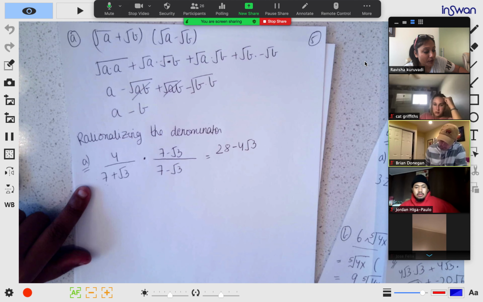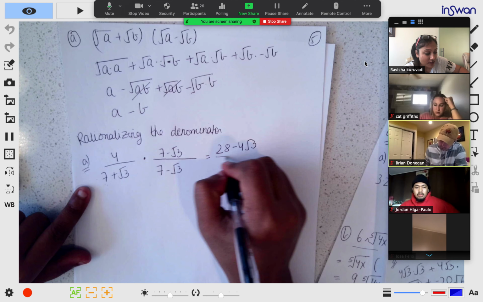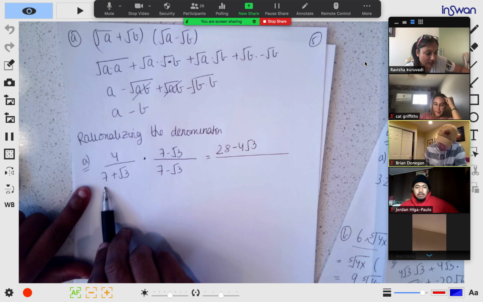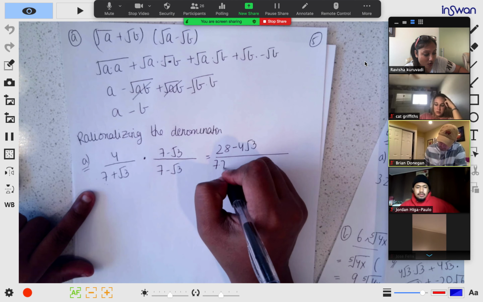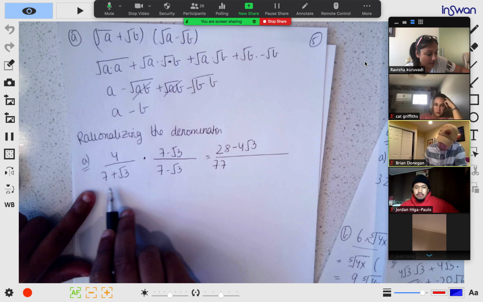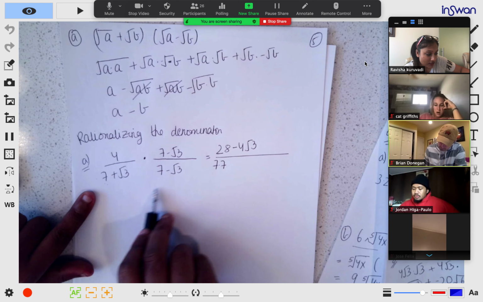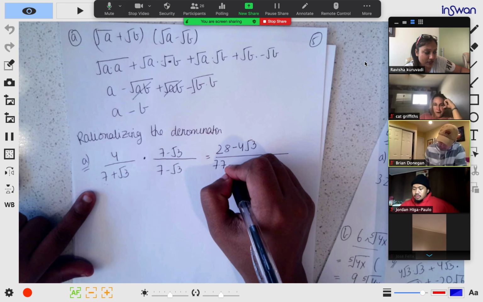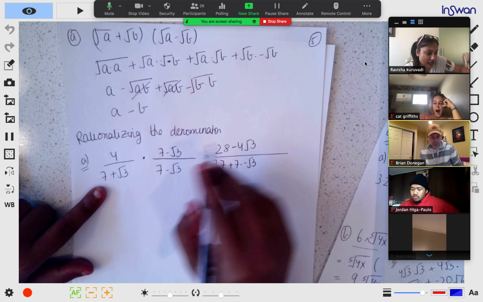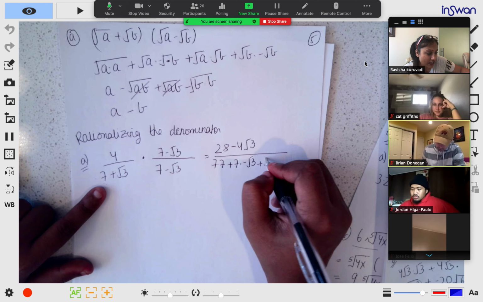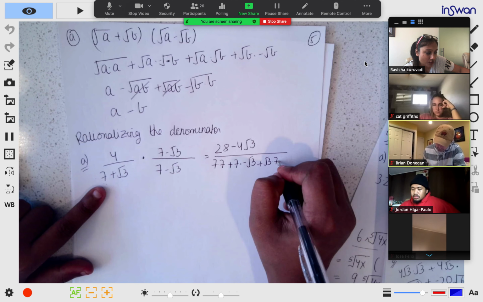And in the denominator, multiply using the FOIL method. First by first, you get 7 times 7. Outer ones becomes 7 times negative root 3. Then you have inner ones, root 3 times 7, and then last ones, you get negative root 3 times root 3.